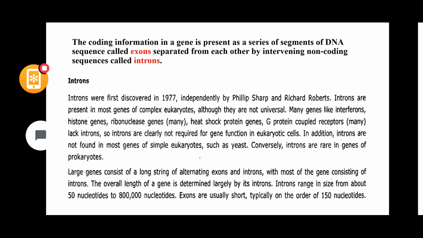Now, as we came across, the size of genes in higher eukaryotes varies greatly. Some genes contain more than 1 million nucleotide pairs. Genes that are more than 100,000 nucleotide pairs in length are commonly present in the genome, and most of the gene in higher eukaryotes consists of non-coding DNA that interrupts relatively short segments of coding sequences.